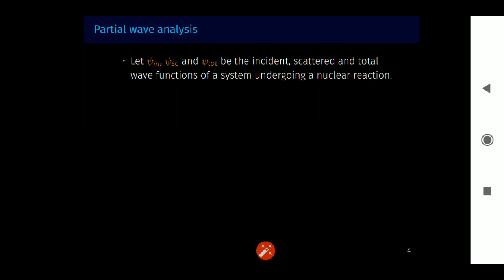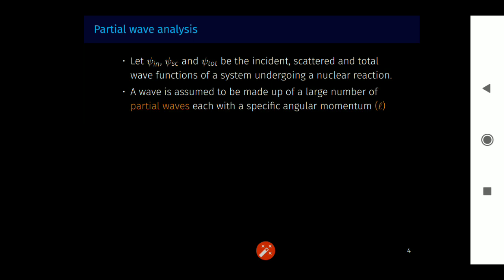Let psi in, psi scattered and psi total be the incident, scattered and total wave function of the system undergoing a nuclear reaction. Now this wave is assumed to be made up of a large number of partial waves. Each one is characterized by a particular value of angular momentum L. This type of picture is only valid if the nuclear interaction potential is a central one.